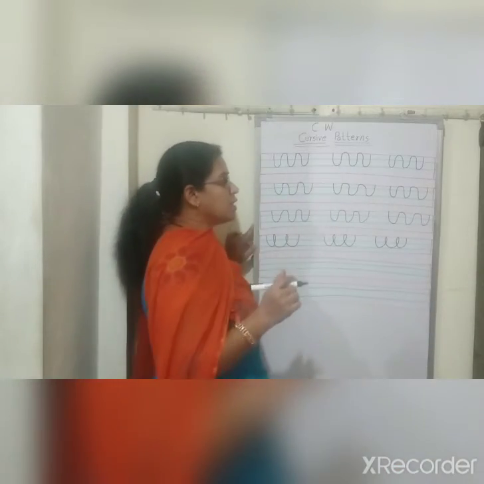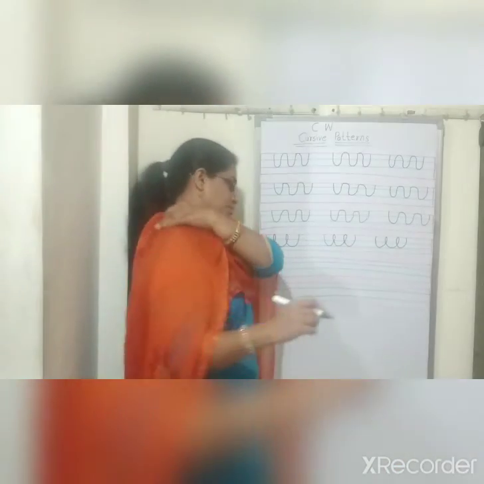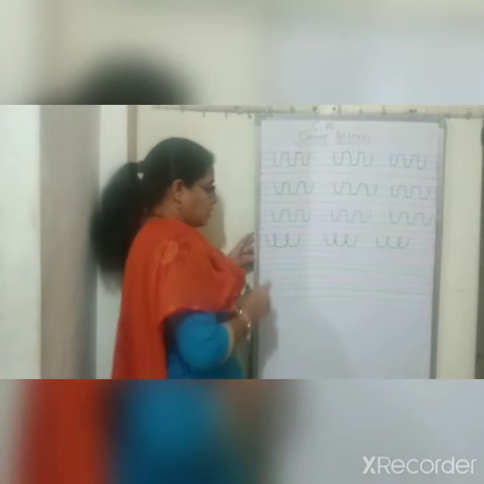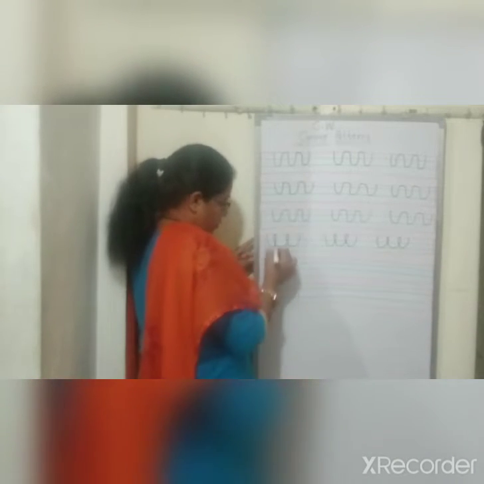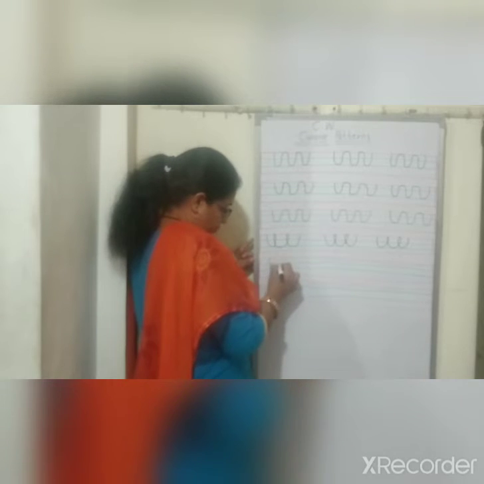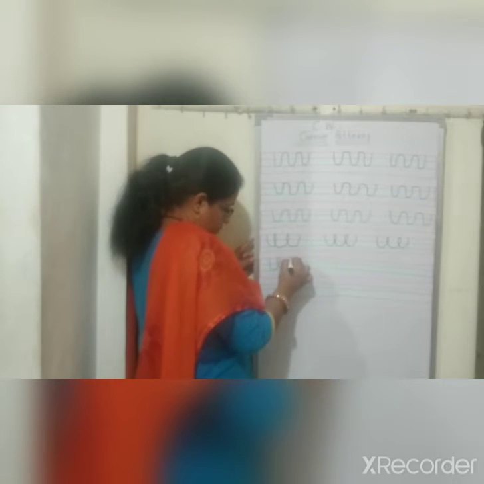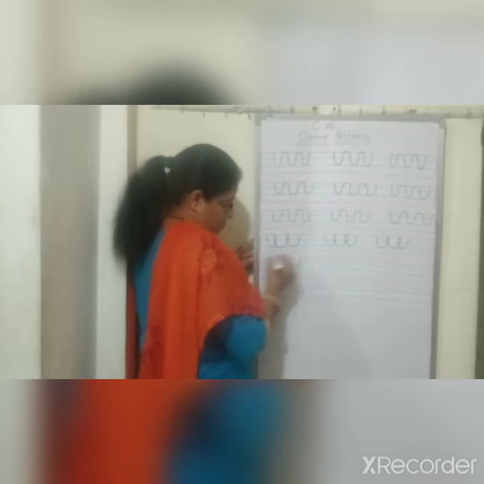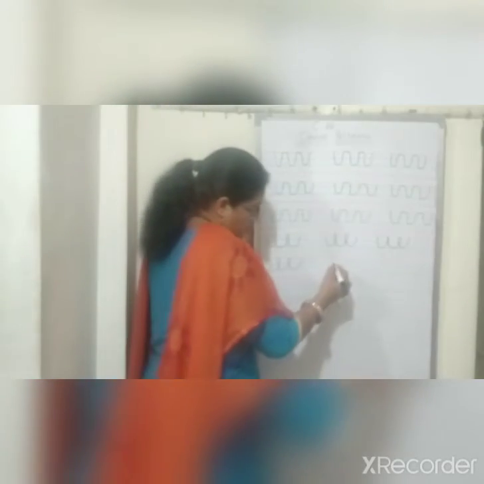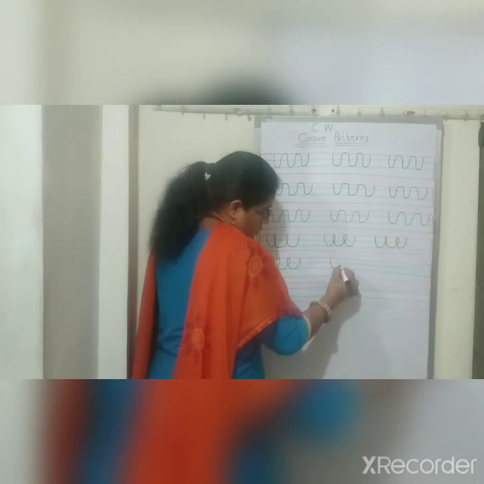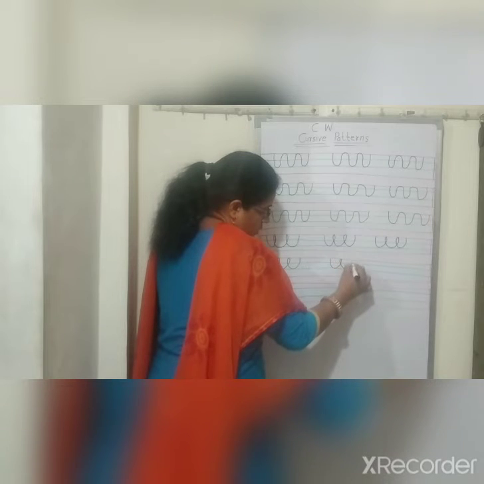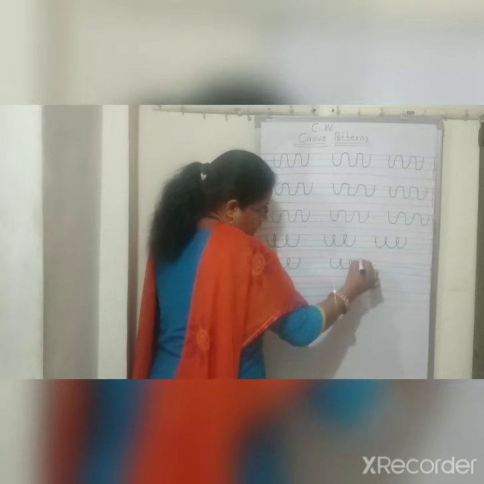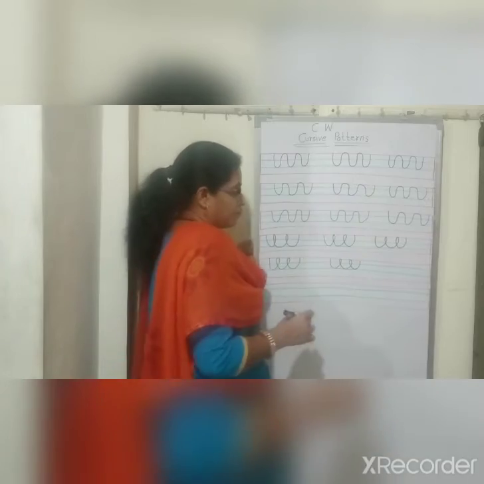Okay, this one is done now. And this one is quite different from the previous one. How to do it? Like this. We have to make 2 loops in it.